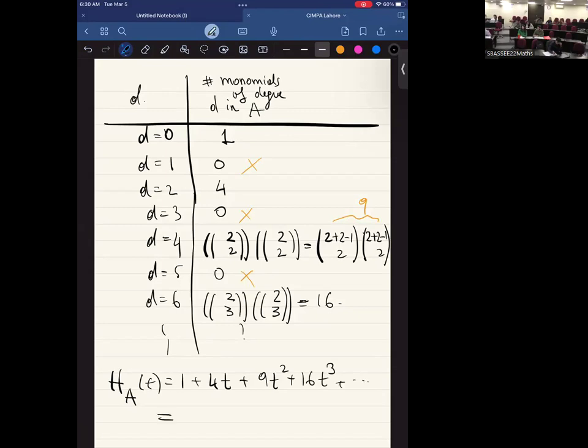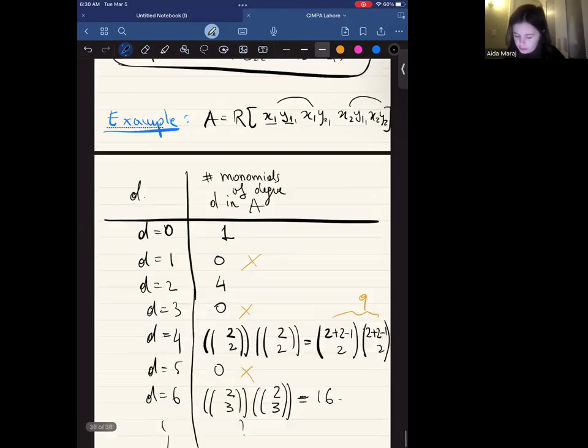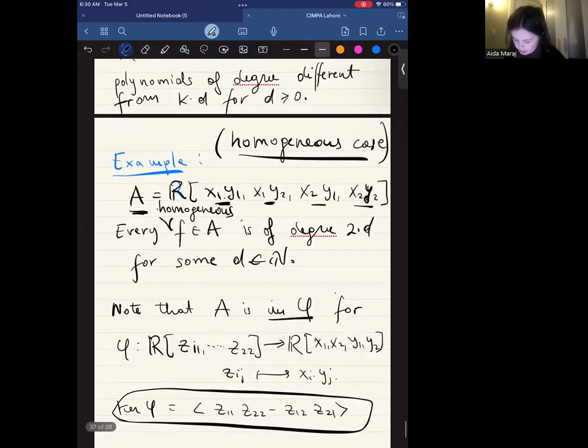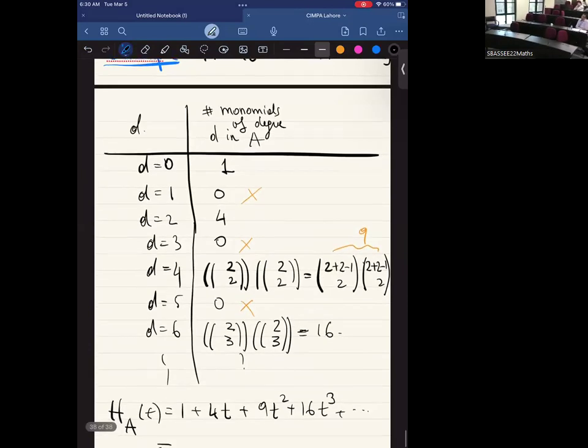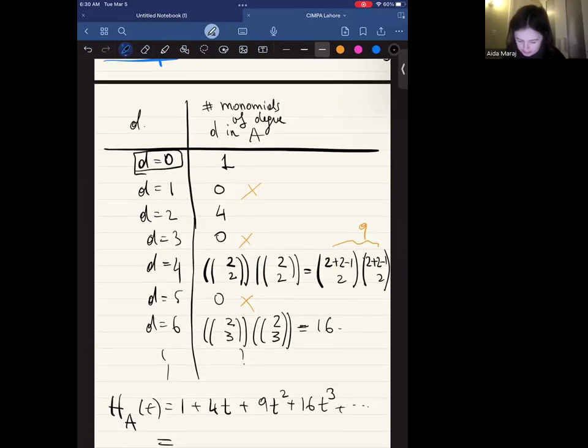Sorry, the powers of t are not right. If you remember in the definition, I called them t to the d. I used a different d here than there, so I abuse notation.